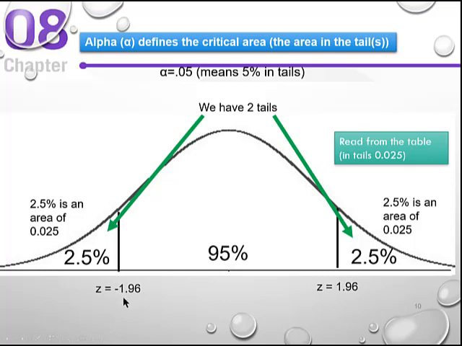So since this is always the same for an alpha of 0.05, we know that an alpha of 0.05 has a Z-score of negative and positive 1.96. The boundaries for an alpha of 0.05 are the Z-scores of negative and positive 1.96.